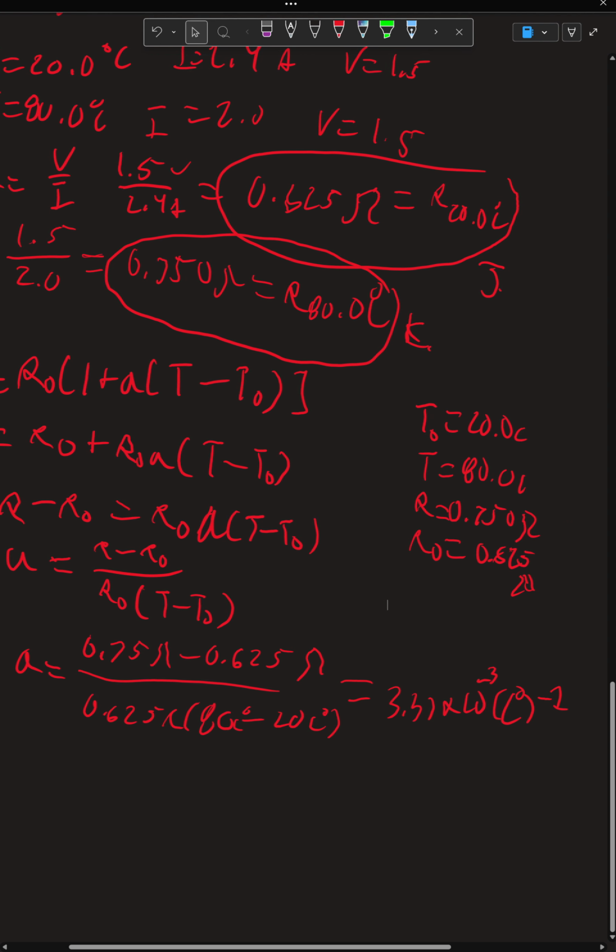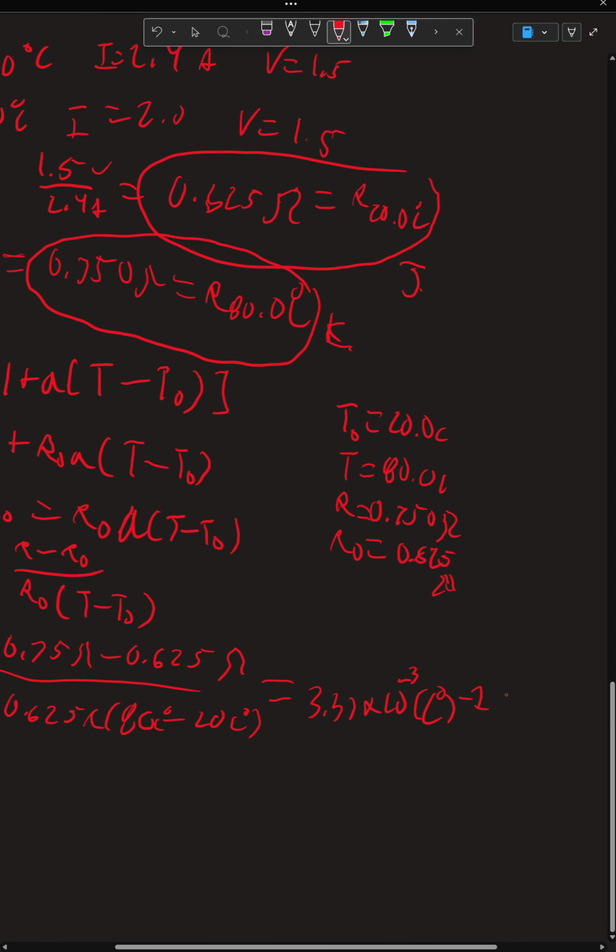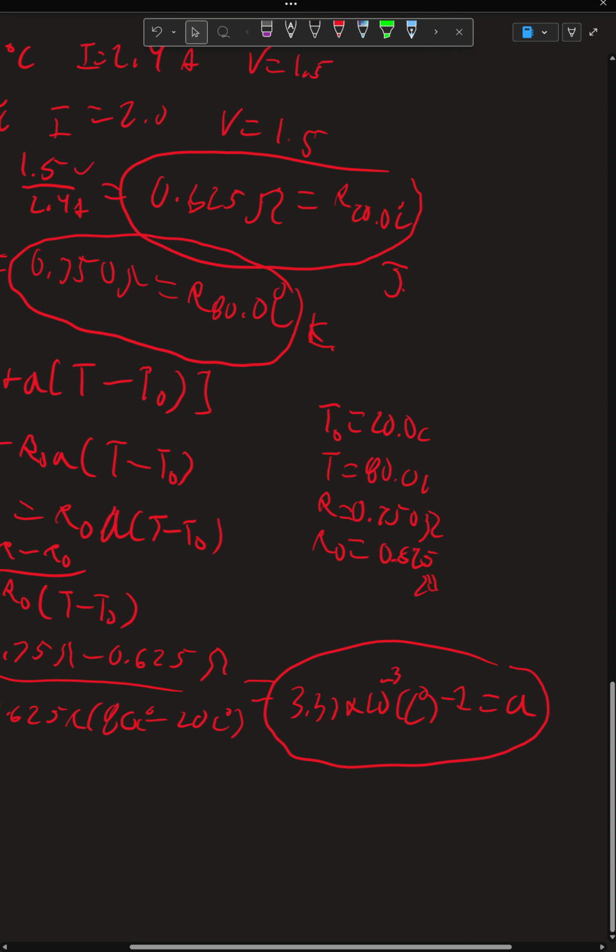So that's what A equals, the temperature coefficient of resistivity of the material of which the wire is made.